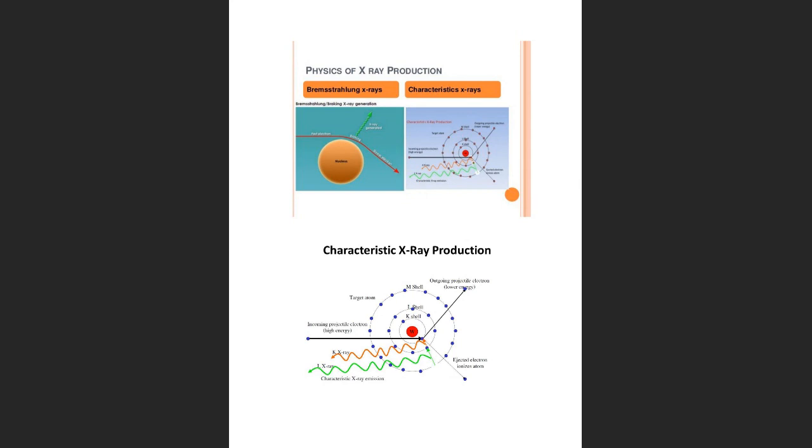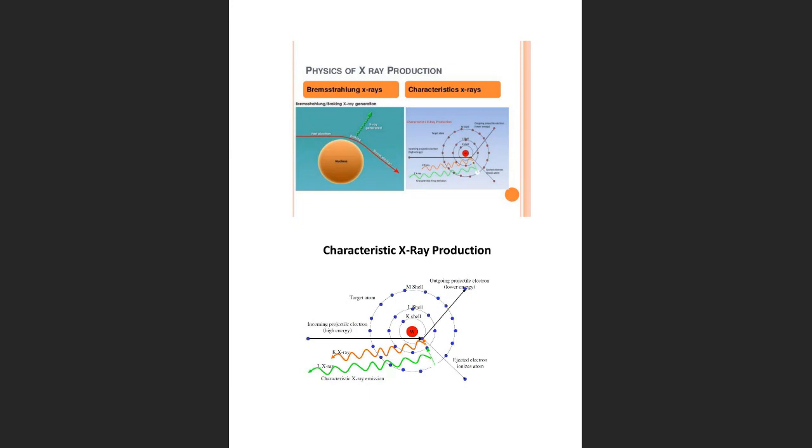So if an L shell dropped into the K shell, then that would be that K shell 69 minus the binding energy of the L shell of 12, and that would produce a 57 keV energy X-ray photon.